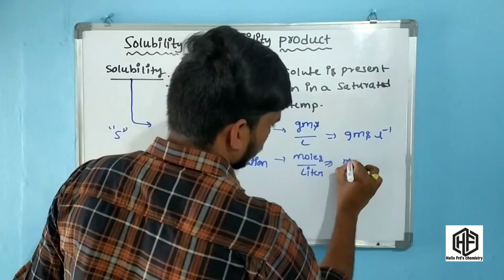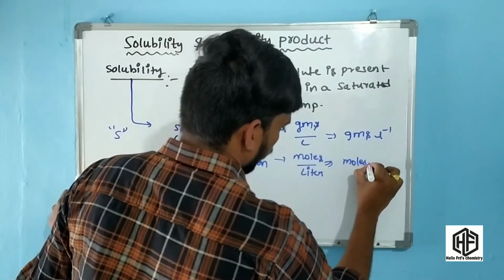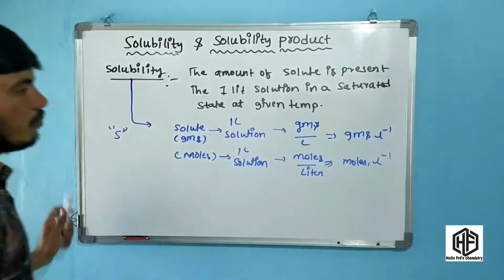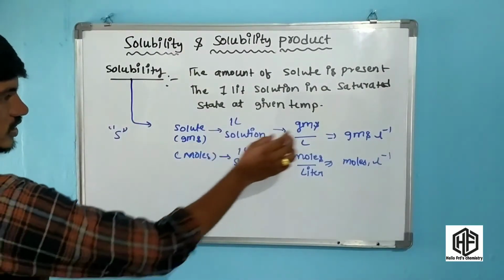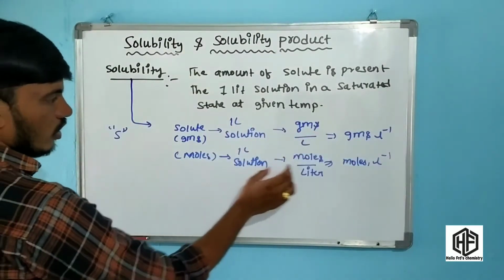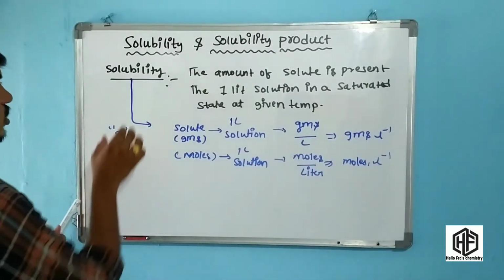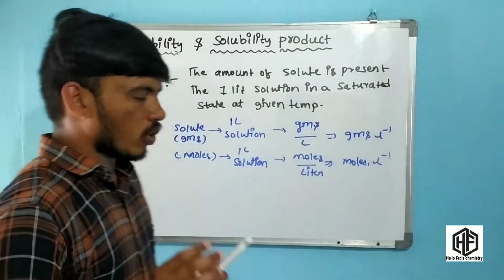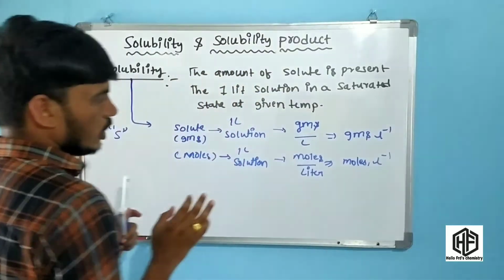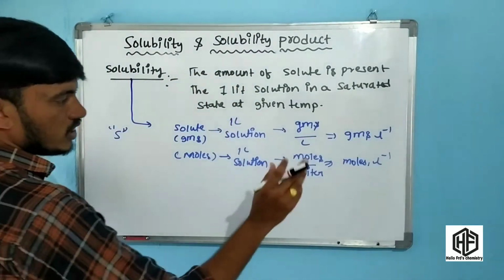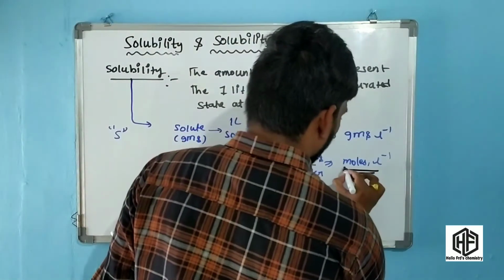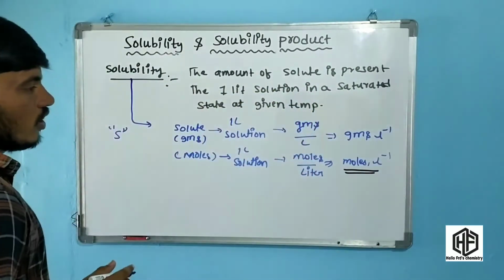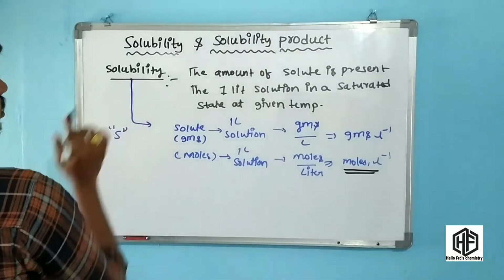One more important point, friends: the units of solubility are grams per liter and moles per liter. In calculations of solubility and solubility product, they are expressed only in moles per liter.